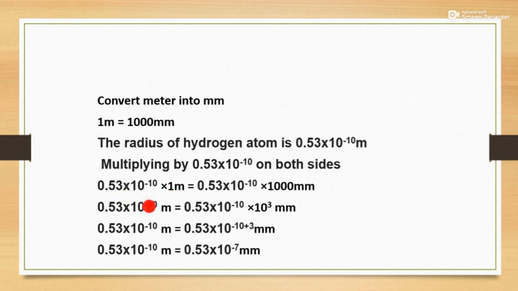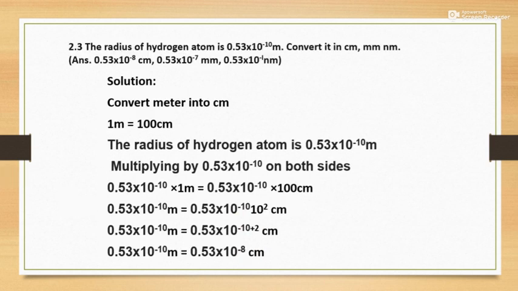Here the millimeter stays the same, but we can convert 1000 into 10 raised to 3. Now this is 0.53 × 10^(-10+3) millimeter, and when we add, -10 plus 3 is equal to minus 7 millimeter. This is the answer for meter into millimeter.